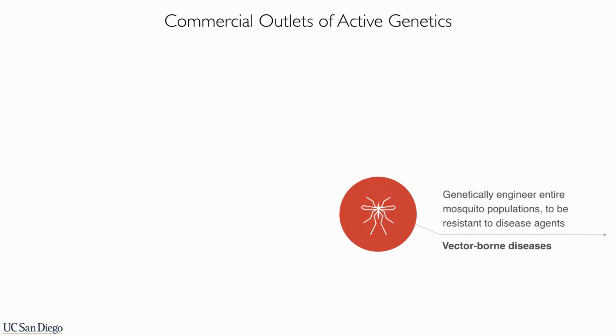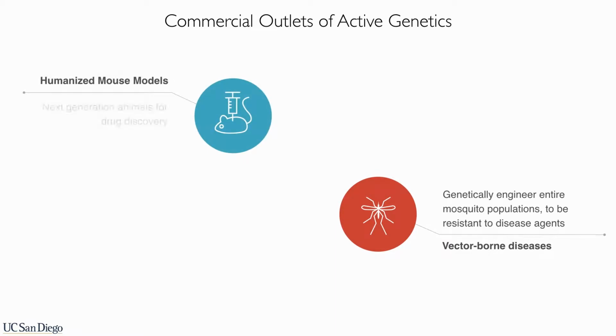This is, again, what Ethan will tell you about: how this technology could be used to spread into an entire population a malaria resistance cassette that would prevent mosquitoes from carrying malaria, and therefore could potentially stop the disease in endemic countries.